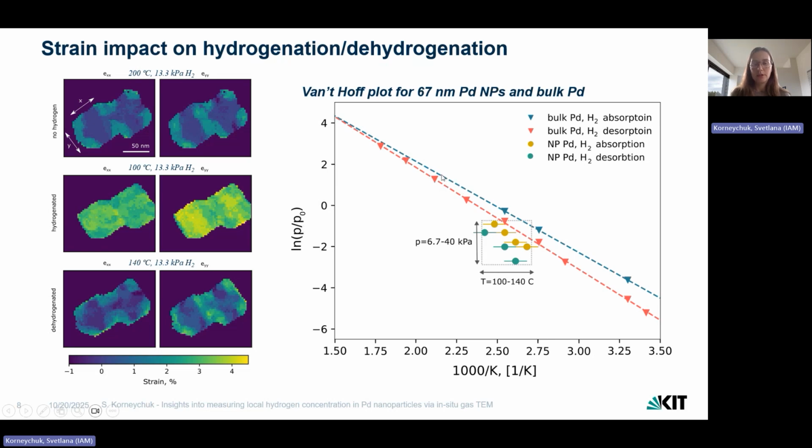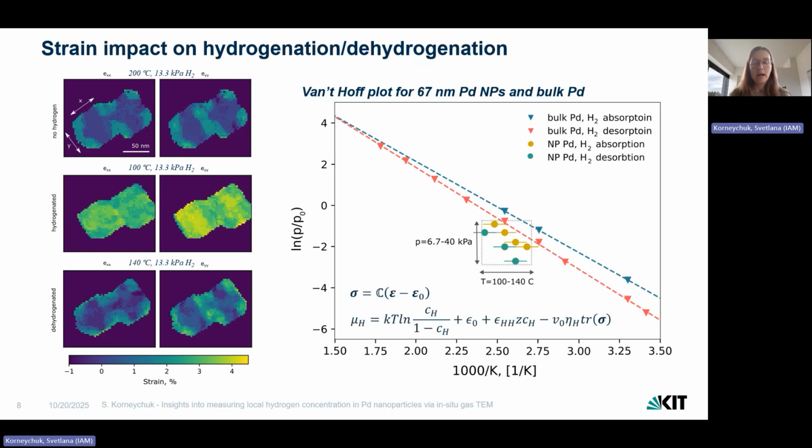So it's hydrogen absorption and desorption, and with the dots, it is shown for our nanoparticles, and it's clearly visible that they start to hydrogenate at lower pressures at the same temperature ranges. Pre-existing tensile strain at the corners of the nanoparticles could be the reason for that.